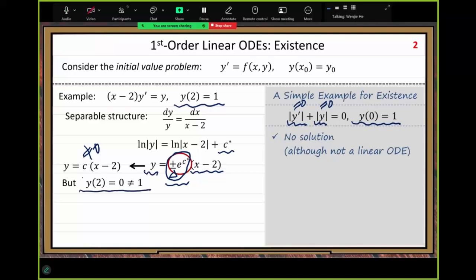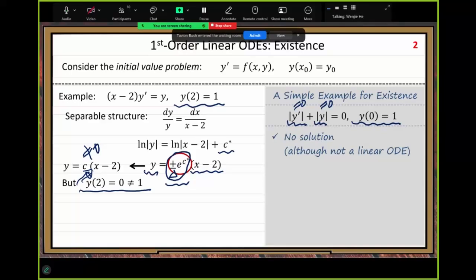Because if you plug into the y function, x minus 2, you get 0. 0 times c is also 0. But the initial condition tells us y of 2 must be 1, not 0. So that's a contradiction. If you get a contradiction, that means this initial value problem does not have any solution.